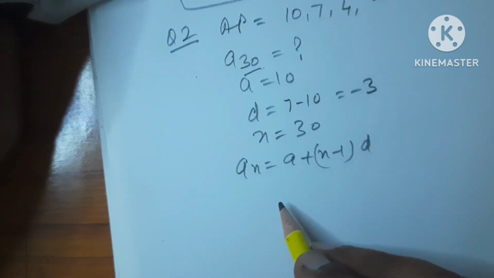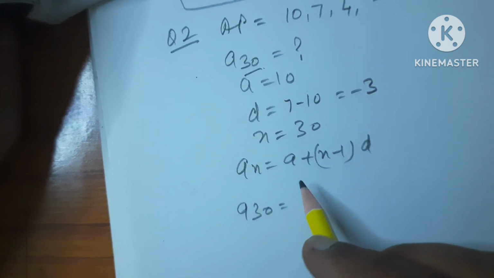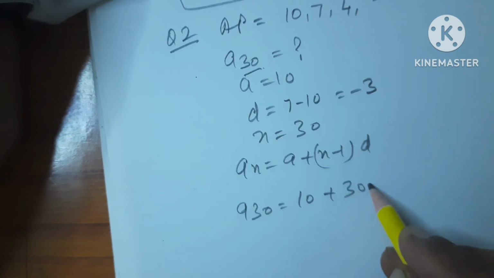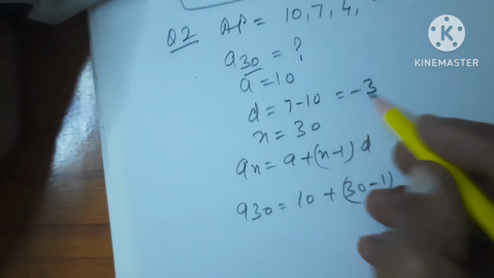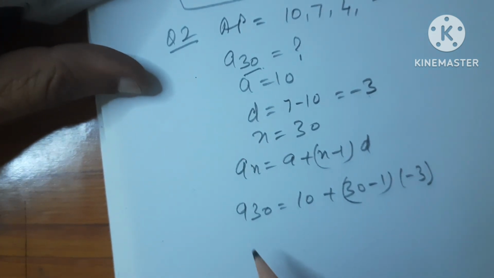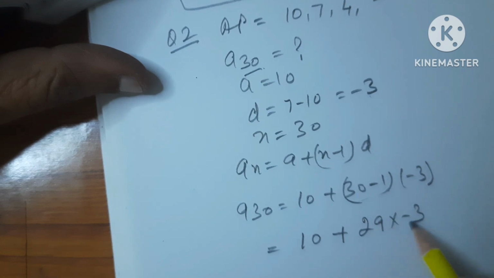So a30 will be, a is 10 plus 30 minus 1 and d is minus 3. Okay, so it is equal to 10 plus, this is 29 into minus 3.